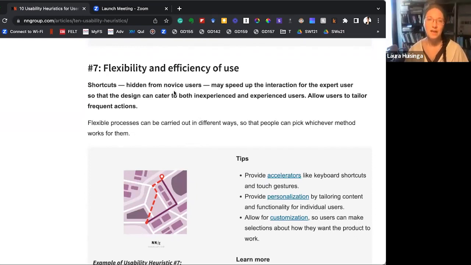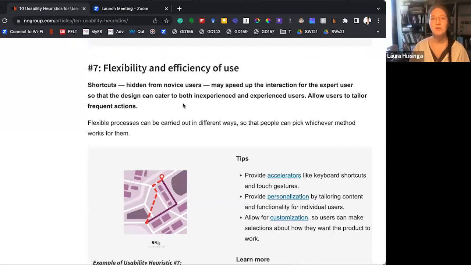So having that flexibility and efficiency, really this is talking about the novice and the experienced user. There may be some cases where a first time or novice user doesn't need all of the advanced steps because they're not ready to work through those processes. So having them all laid out is going to overload that cognitive load.